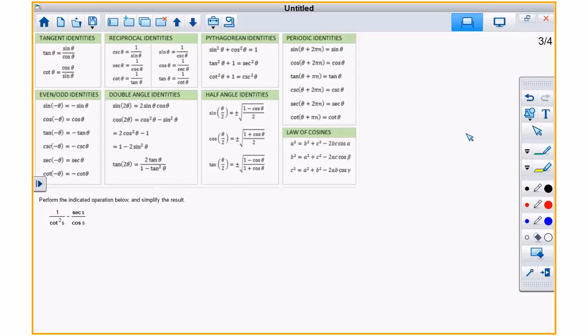Well, what do we got? We got fractions, right? So you got to have a common what? Denominator. Well, that cotangent is bothersome. So you could write cotangent squared as cosine squared over what? Sine squared. You could also write cotangent squared as 1 minus what? Or cosecant squared minus 1.